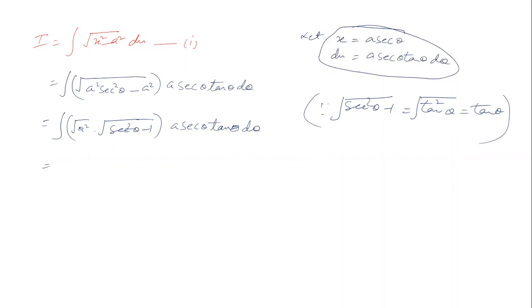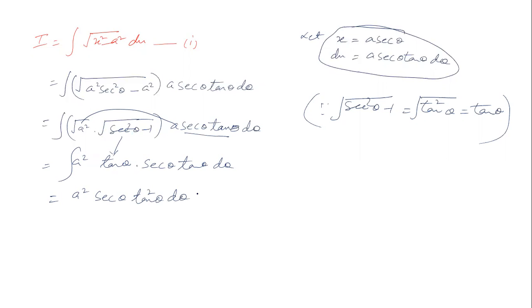And square root of a square would be a, and a into a is a square, tan theta, and sec theta into tan theta as it is. It will be a square sec theta into tan square theta d theta.